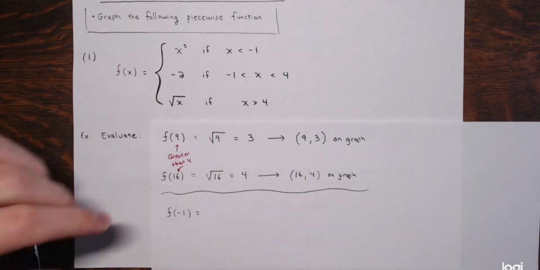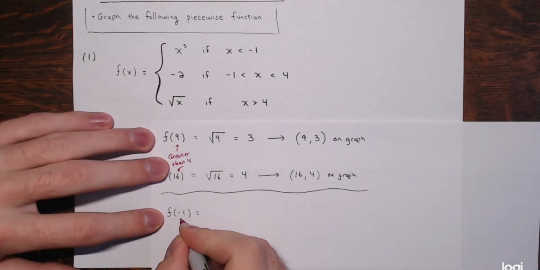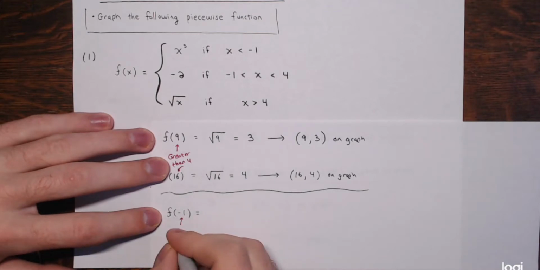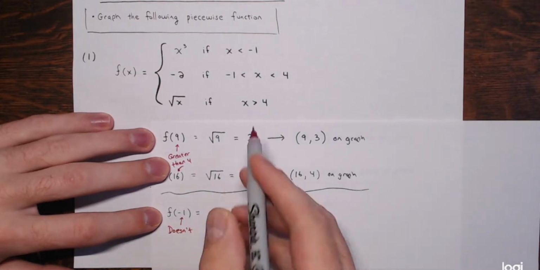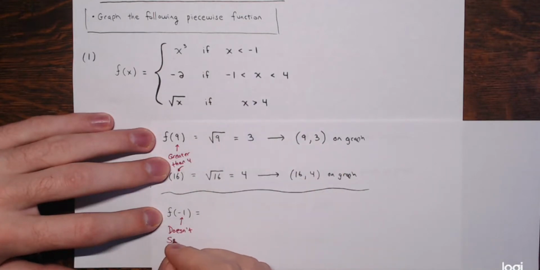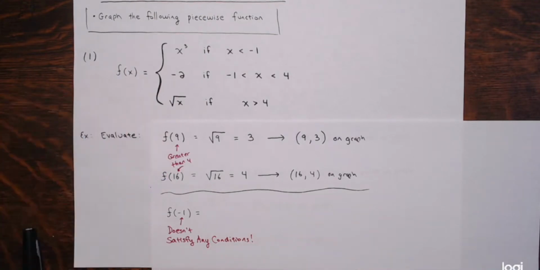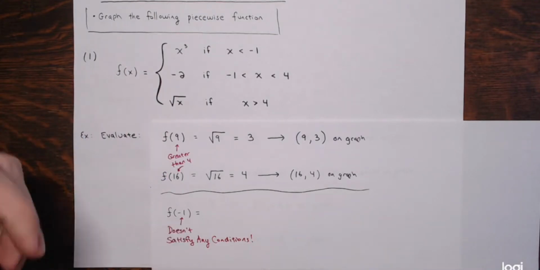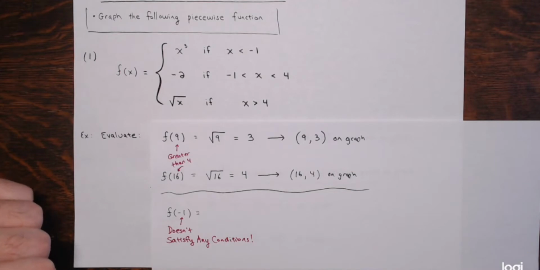So this input, negative 1, doesn't satisfy any of the conditions, these conditions over here after the word if. So that means that there is no output when the input is negative 1.